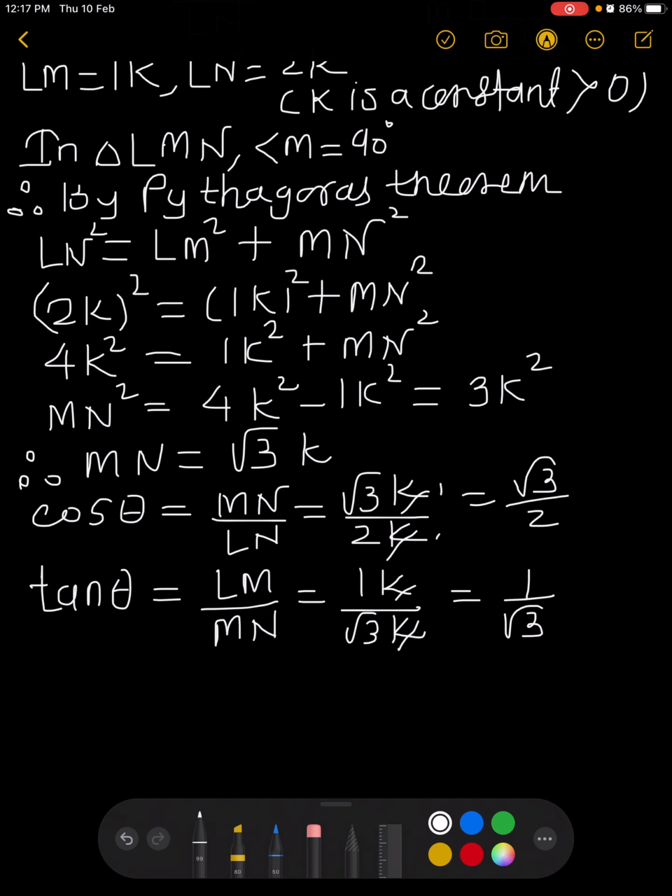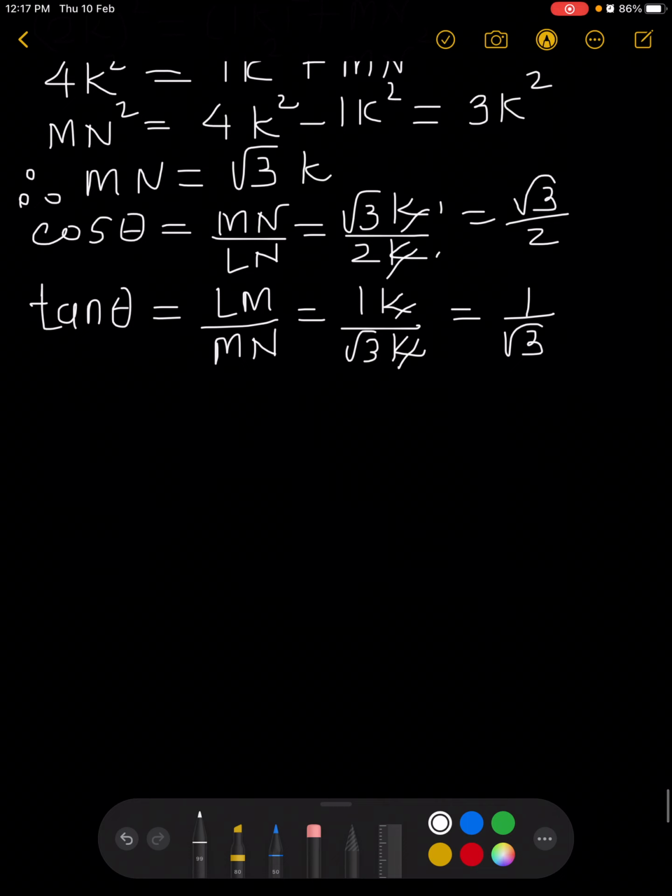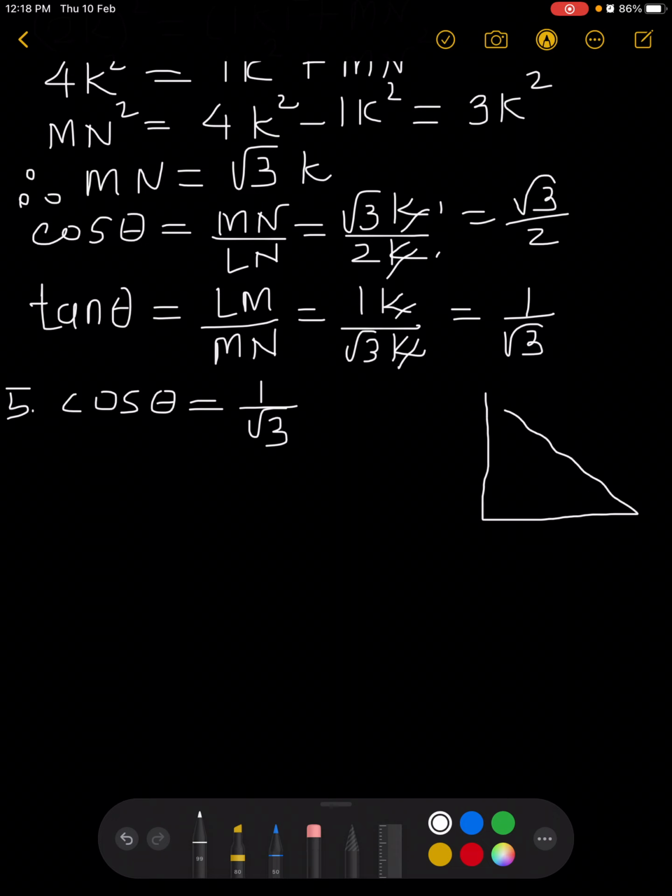After completing answer number 4, let us proceed further for example number 5. Example number 5, we have cos theta in the table as 1 upon root 3. For getting other two ratios by Pythagoras theorem, let us make a right angle triangle.